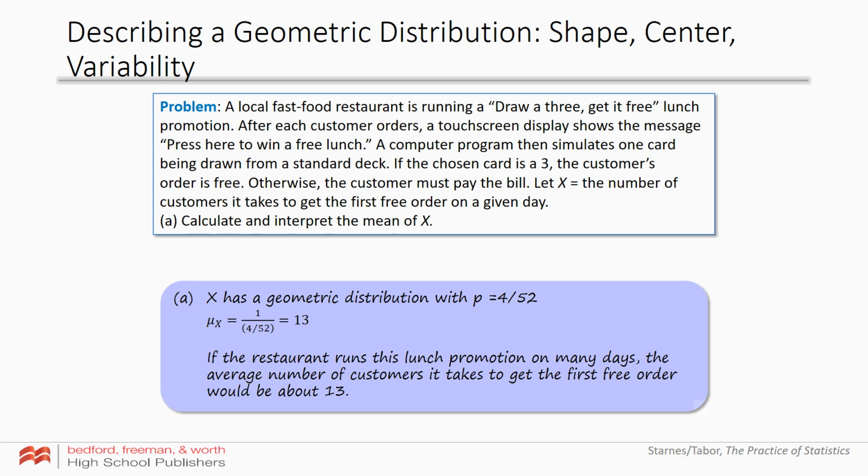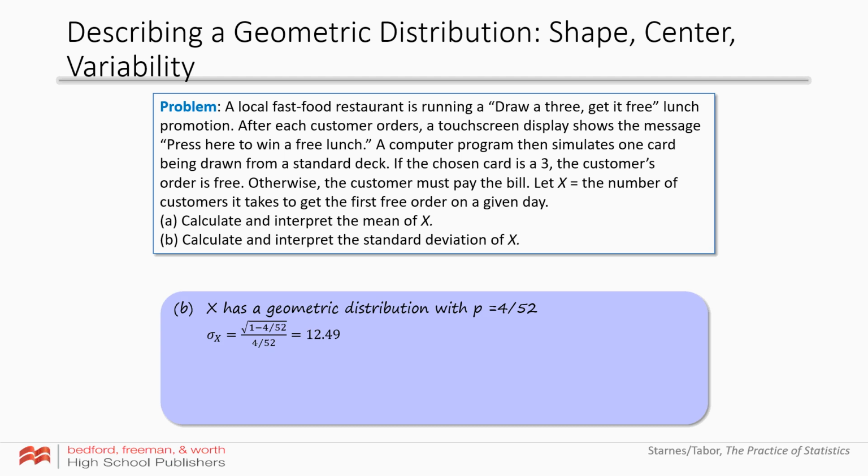Hopefully that makes sense. If you look at a deck of cards and how many 3s you have, 1 out of every 13 cards is a 3. So it should make sense that the expected value until we get our first free order should be about 13.